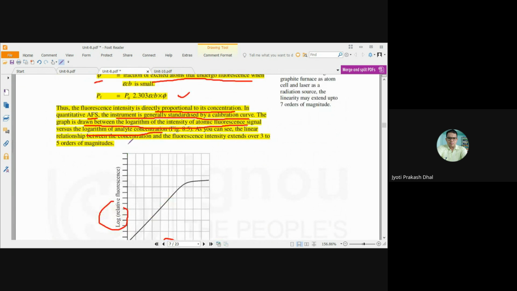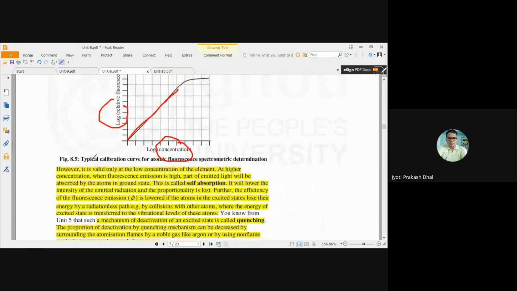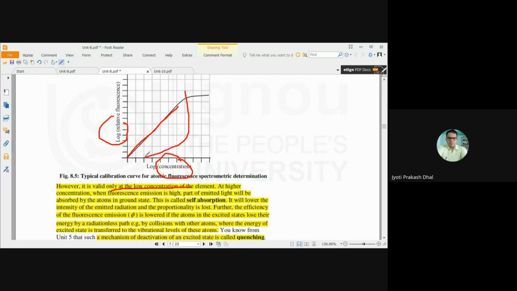A linear relationship will be obtained for different concentrations of analyte. However, it is valid only at low concentrations of the element. Up to a certain low concentration, the linearity of the curve will be valid.